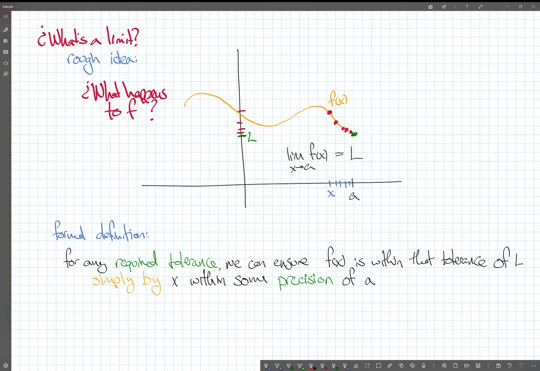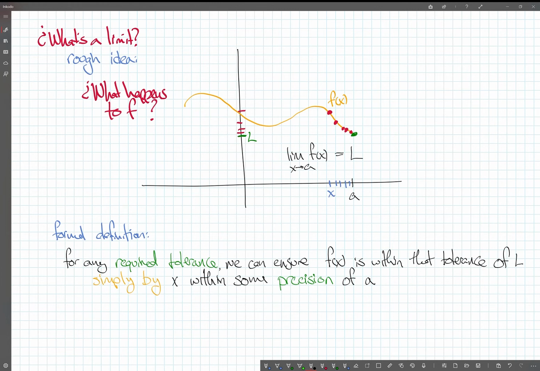So the closeness of x to a that's required when you do that, that's called the precision. So you can think of this as a contract. You tell me the tolerance, and I say, okay, whatever the tolerance is, I'll figure out on my end what the precision has to be in order to guarantee that particular tolerance.